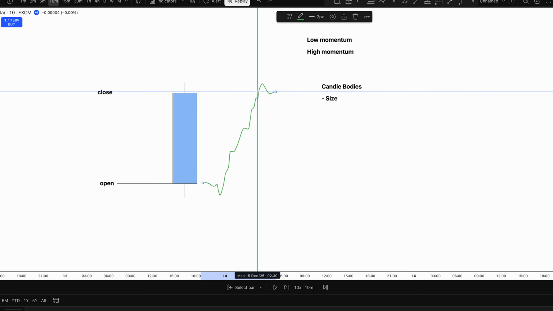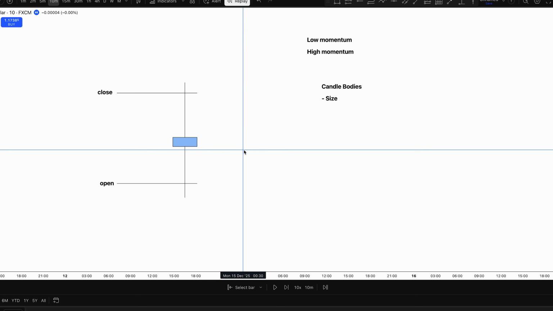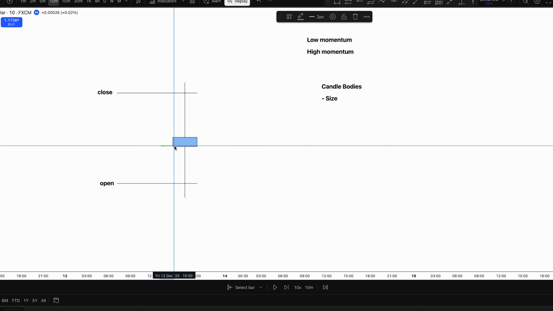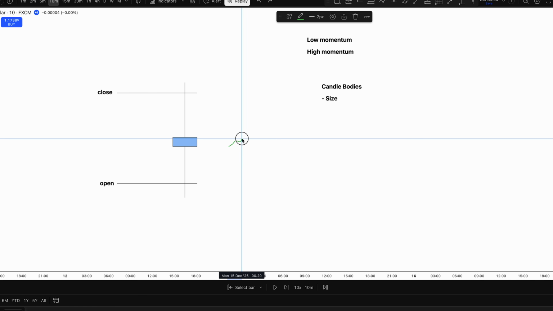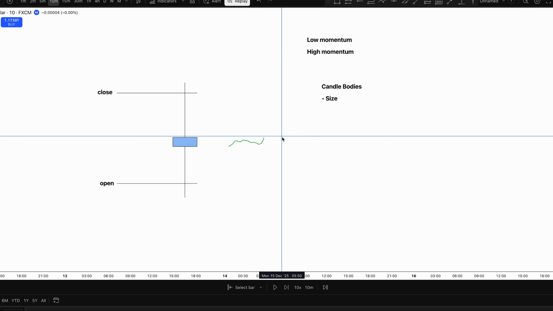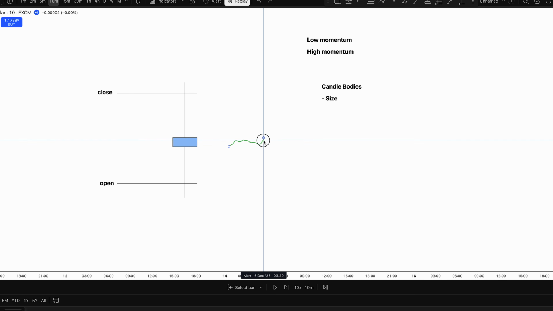If we were to have a small candle body, so let's say like this, well, the candle body itself has only opened here and closed here. So if we were to, for a moment, disregard the wicks, all this is showing is basically a bit of price action like this. So that's low momentum, right? It doesn't show clear control from buying, and it doesn't show clear control on the side of selling either.